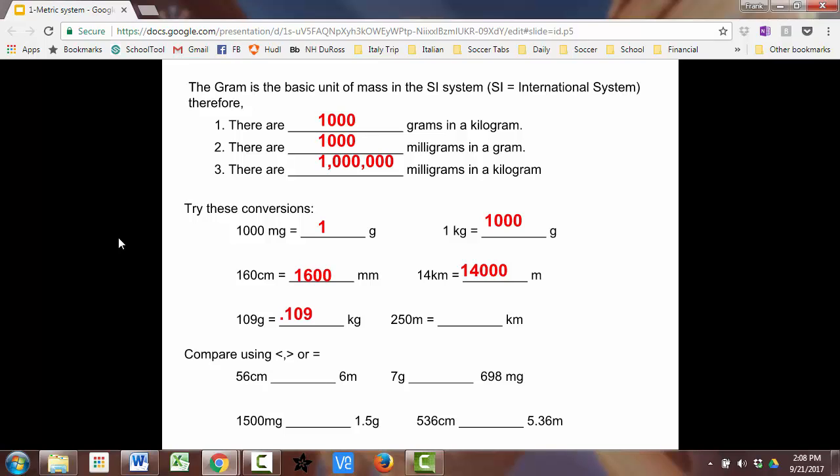I thought you said thousand. 215 meters to kilometers. How many places? Which direction? Kira? 3 to the left. What do I get? 0.215. Correct.